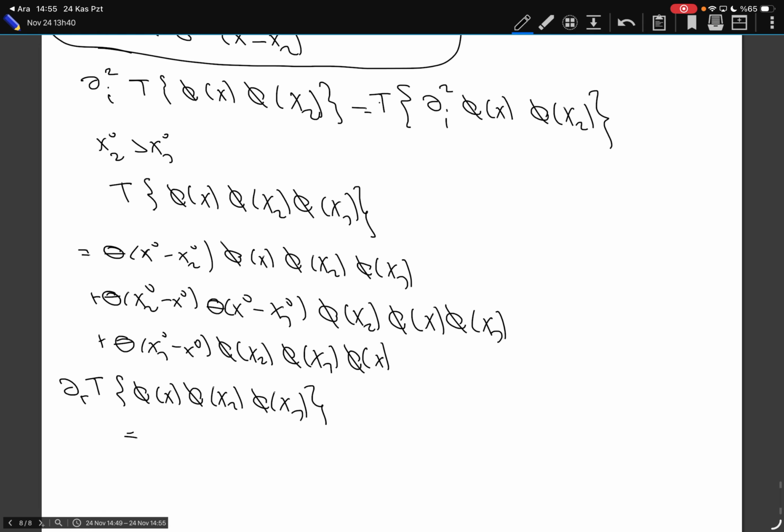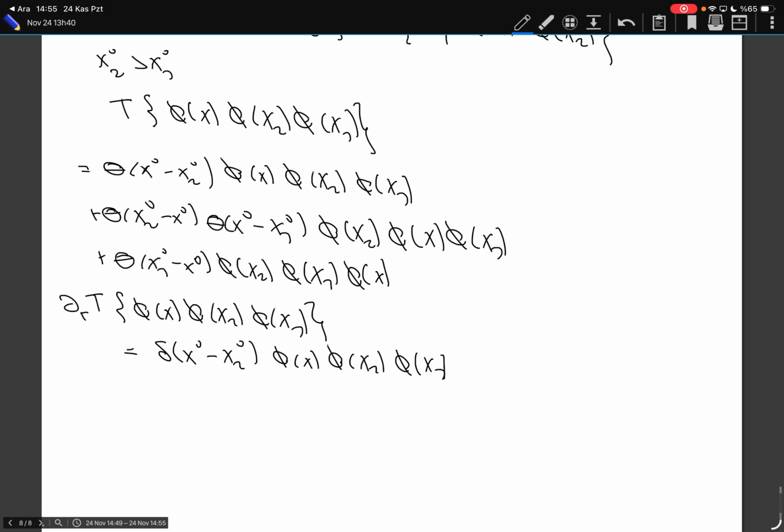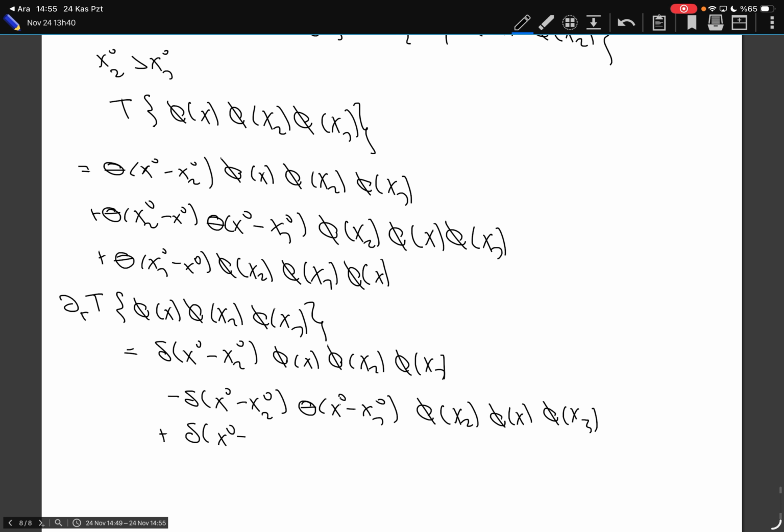This will be equal to, well, let me just write the Dirac deltas. In the second one, I have the derivative of the first Dirac delta, which will give me minus Dirac delta x0 minus x2 0. Or plus Dirac delta x0 minus x3 0.